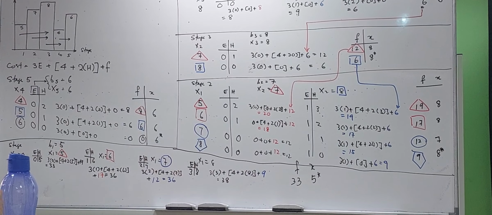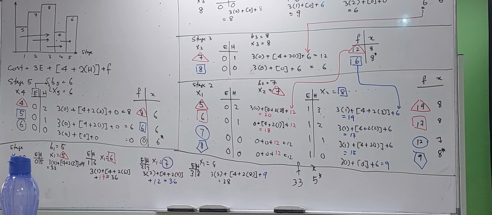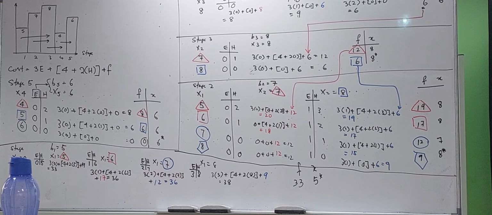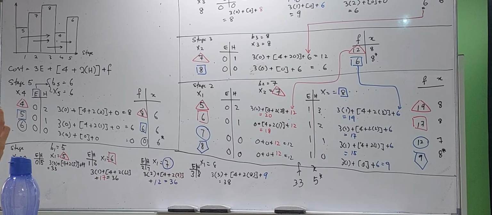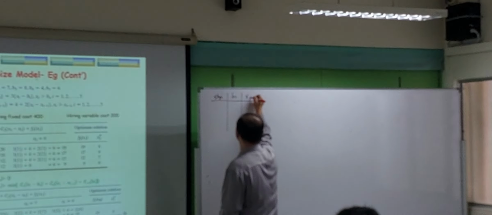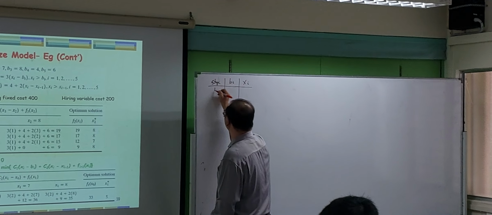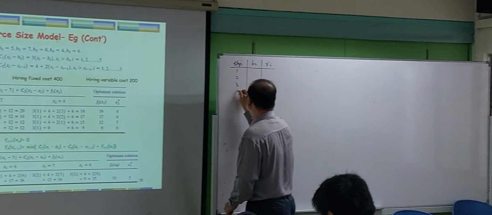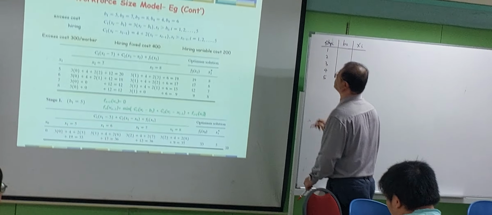Oh yeah, what do you start here? Conclusion. So conclusion here, let's say state. This is your I. This is your I. State 1, 2, 3, 4, 5. Okay.